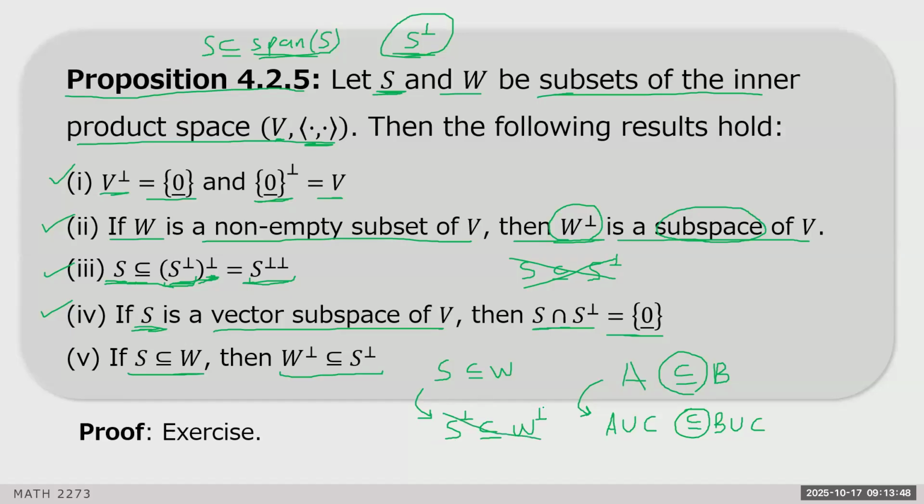And the answer is no. It switches them around. W perpendicular will be a subset of S perpendicular. So just something to be aware of. The proof of this is left for you all to figure out, or maybe in your next assignment, I put some of them.